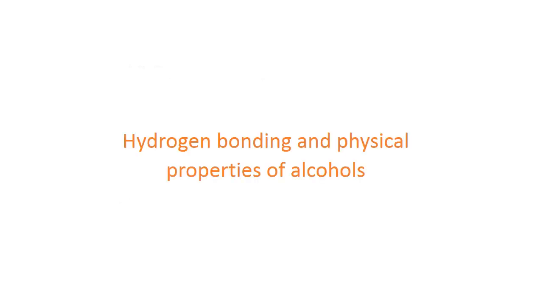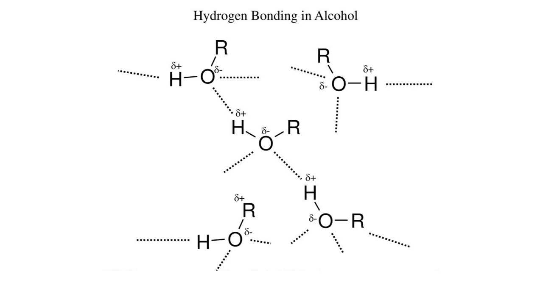We will move on to the physical properties of alcohols and phenols. All the physical properties of alcohols and phenols are connected to hydrogen bonding, and the hydrogen bonding in phenols and alcohols is strong.